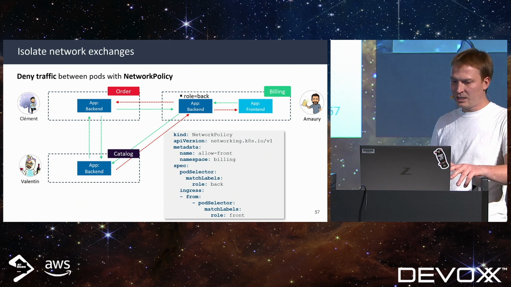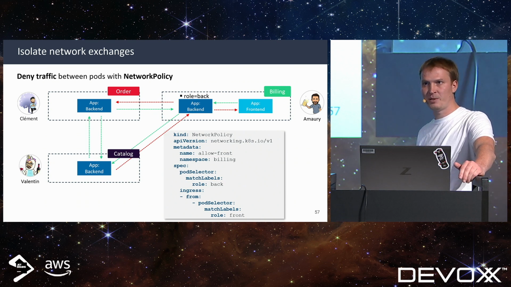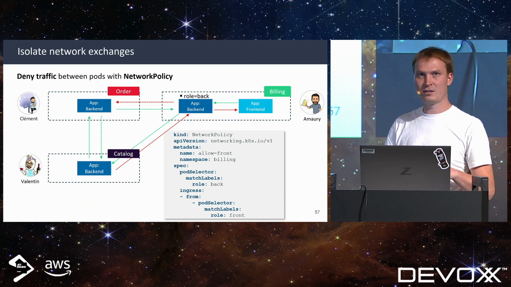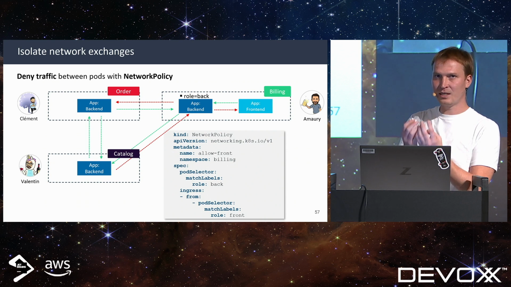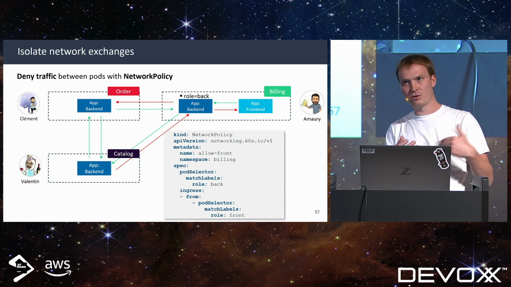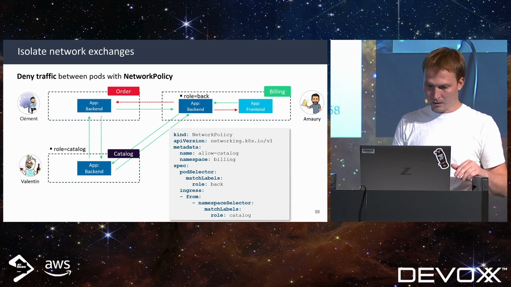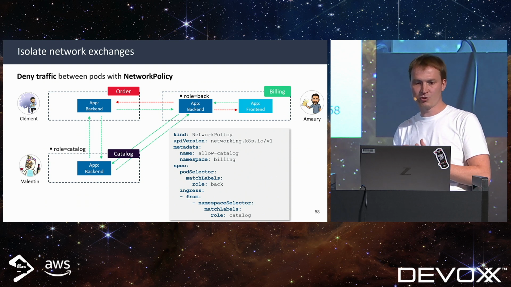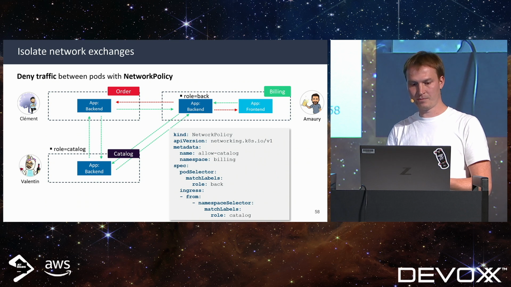And this is great, but if you have so many pods inside your namespace, maybe you don't want to do this for each pod. So you can do it for namespaces, for example. That's not the best practice, but you can allow all traffic inside your namespace, while you disallow every ingress traffic from outside the namespace. For example, you can allow the catalog namespace to communicate with my role backend in the billing namespace.